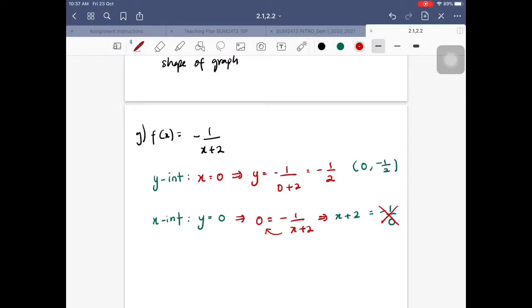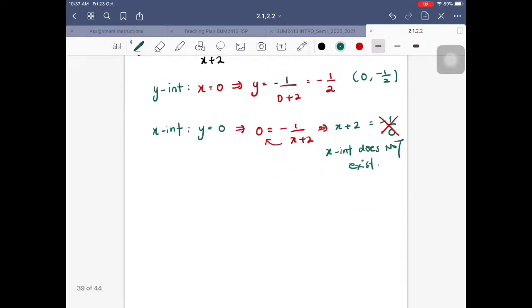We know that this is undefined because you cannot divide anything by 0. So what does having an undefined answer tell you? It's telling us that the x-intercept does not exist. So therefore, we don't have to bother with the x-intercept.